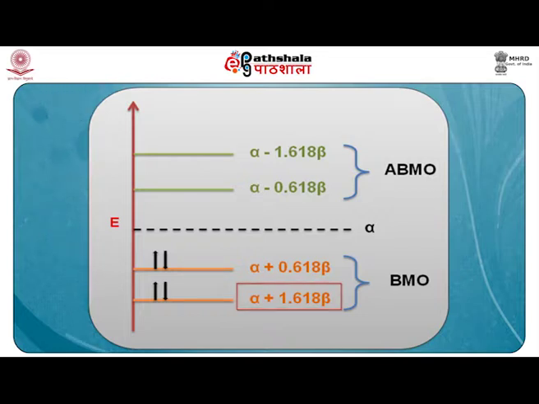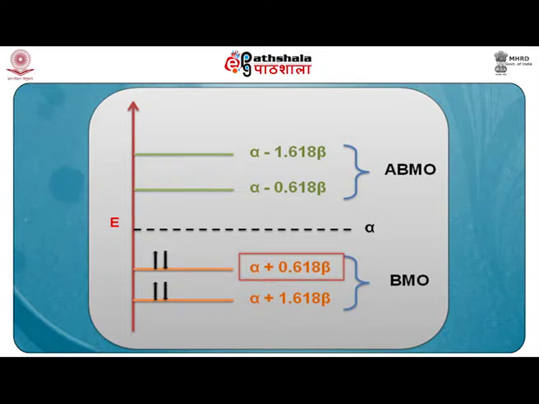Next is alpha plus 0.618 beta, which is again a bonding molecular orbital, but since alpha plus 1.618 beta is lower in energy, it sits below it.